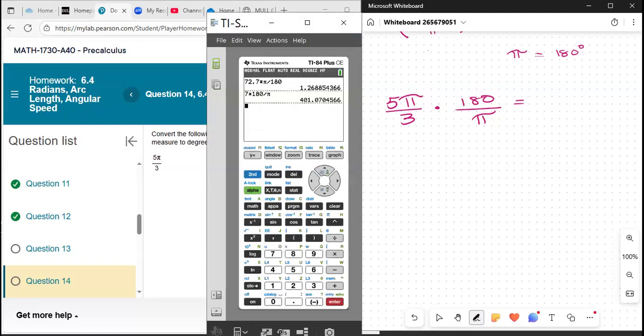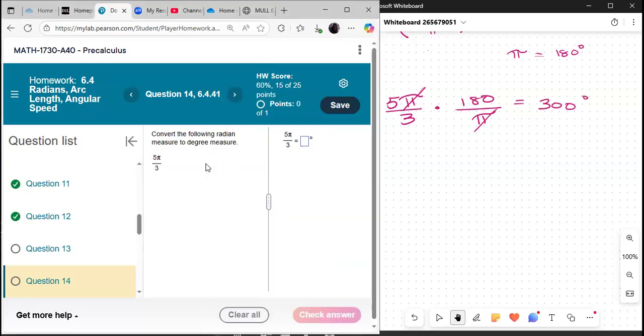The pi's cancel. So we have 5 times 180 divided by 3. Math, enter, enter, and we get 300 degrees.